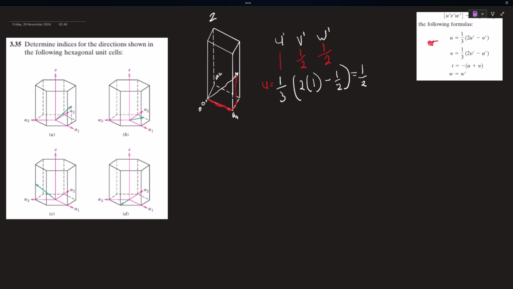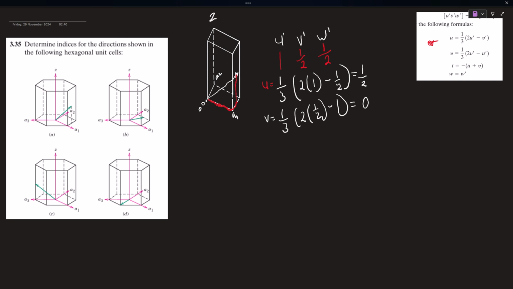Then next is our V, which is the same thing as 1/3, open bracket, 2, but this time around our V prime first, which is 1/2, minus, close the bracket, sorry, minus our U prime, which is 1. Then we close our bracket and find our answer. So we go ahead to solve. We have 1 and 1.5, which is equal to 0.